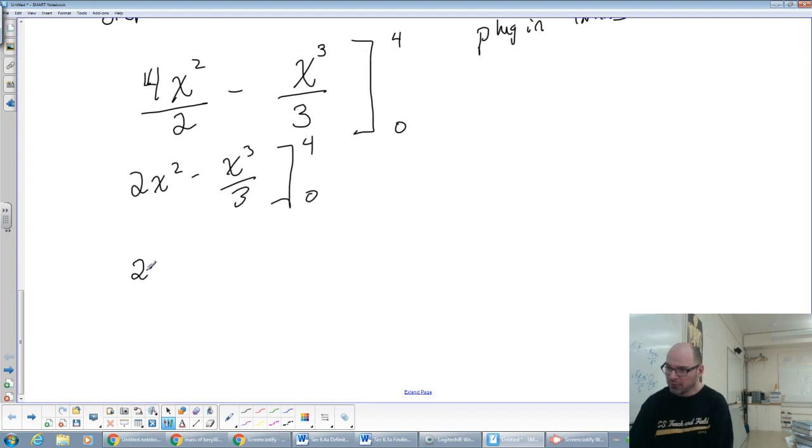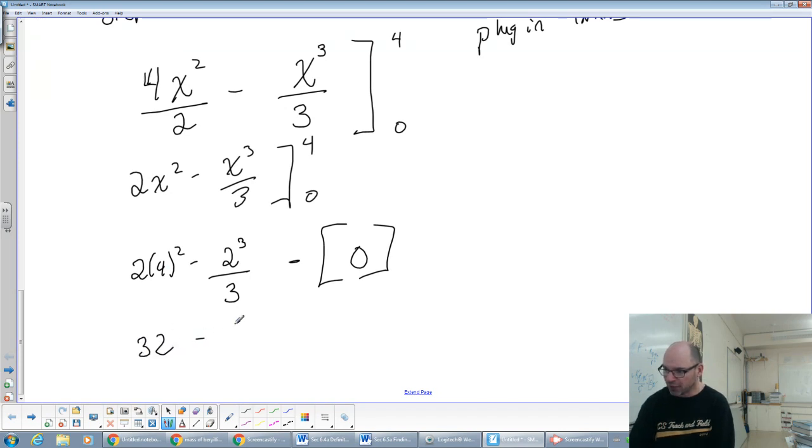So 2 times 4 squared minus 2 cubed over 3 minus, when you plug all those in, that's going to give us a 0 over there because they're both 0, right? Okay, so if we work that out, this is going to be 16 times 2, which is 32, minus 8/3.